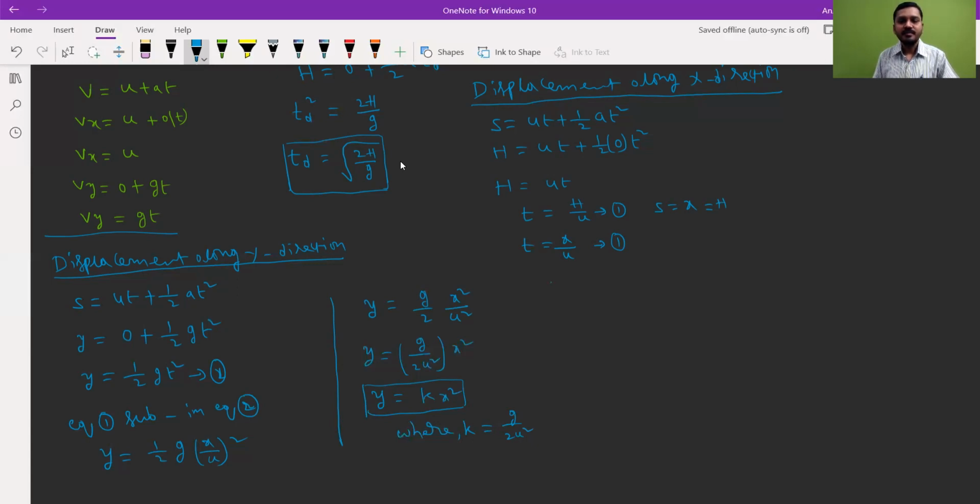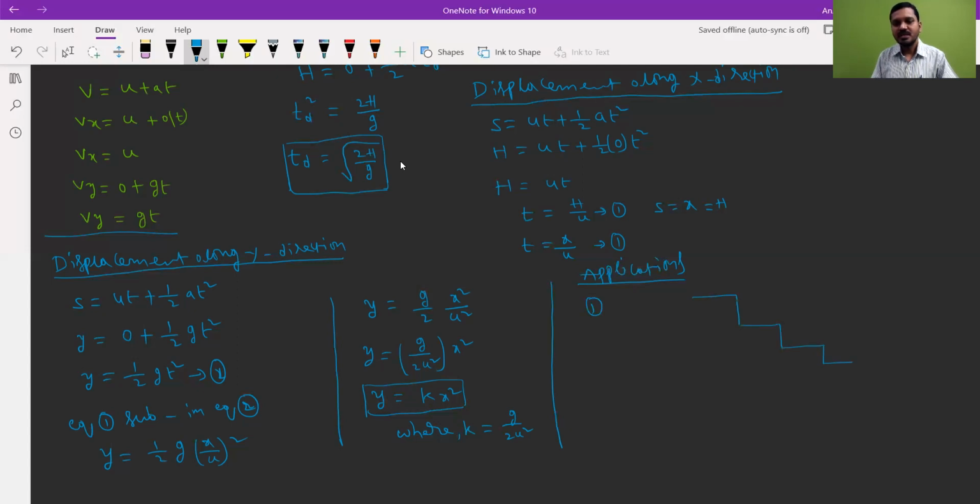Next, some applications you can solve based on this diagram. Some applications I am writing here. First one, the same body projecting like this. See, this is one staircase. This type of question is important for competitive level.